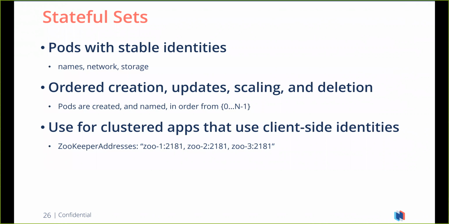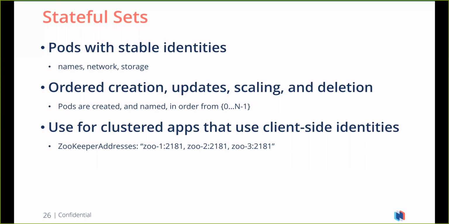But even scaling and deletion will happen in a particular sequence, which makes sure that if there are names that other components are referring to, one of those names is always available, so your application doesn't have an outage.